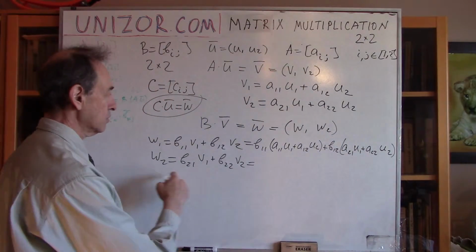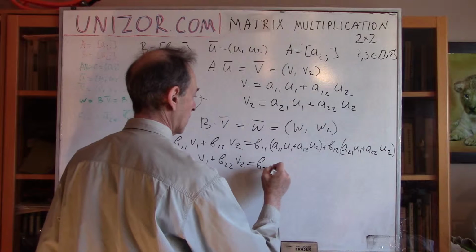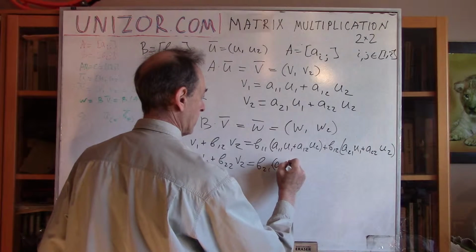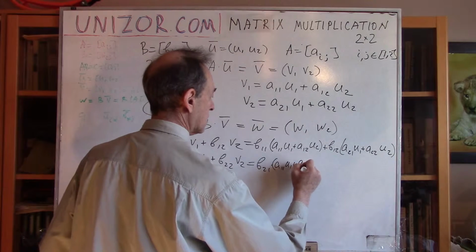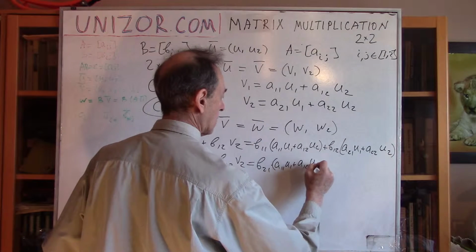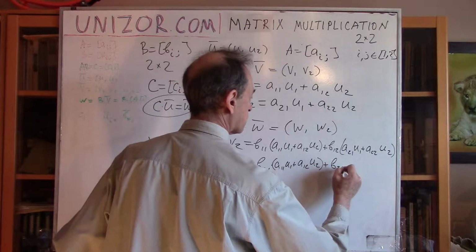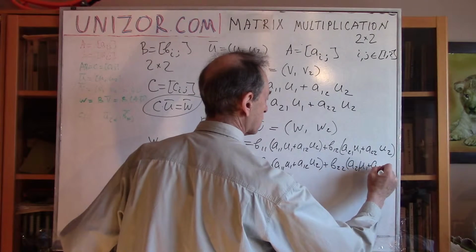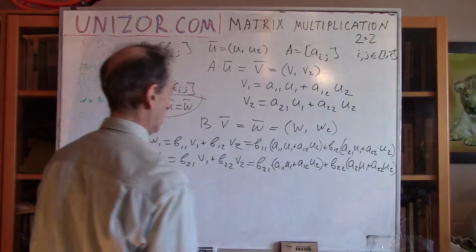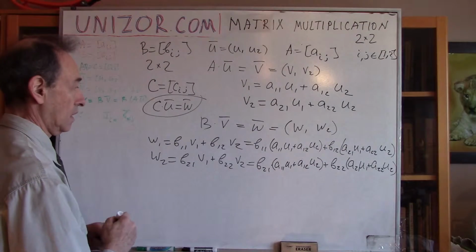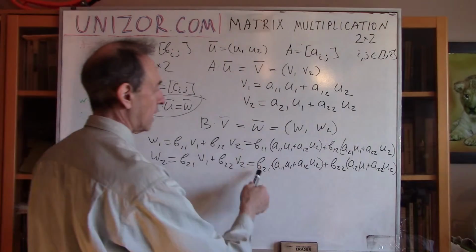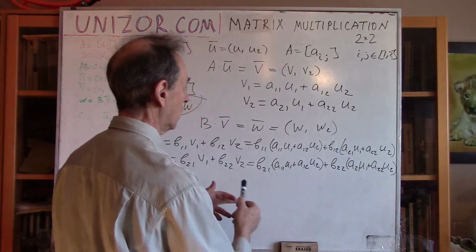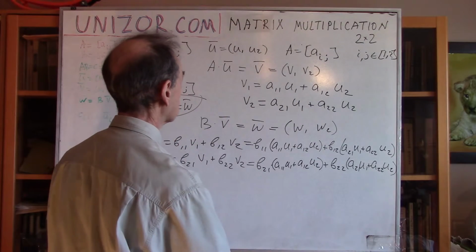Now, W2 is equal to B21, the same thing here, plus B22, A21 U1 plus A22 U2. Okay. Now we just have to combine U1 and U2 to get something reasonable, right?